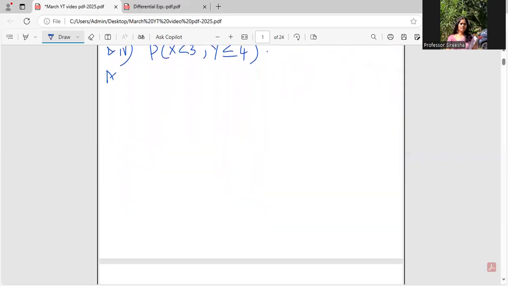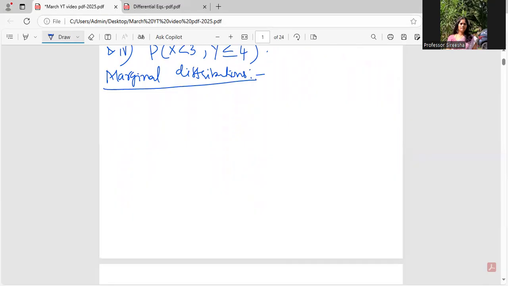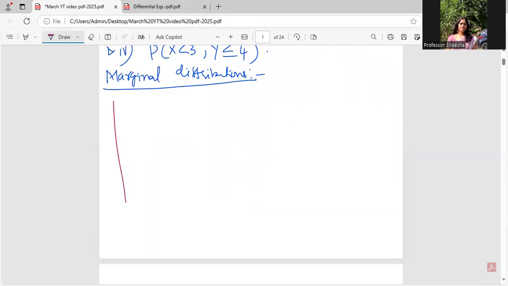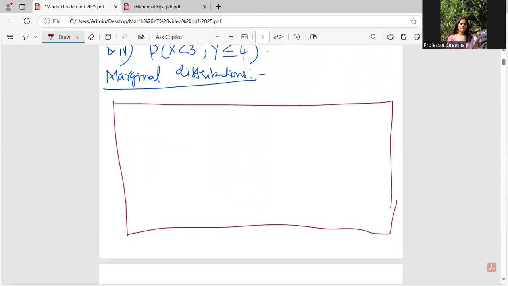Marginal distributions. Again, I can write them down in a table of X and Y both. So it will be something like this. Of course, Y values are many in number.